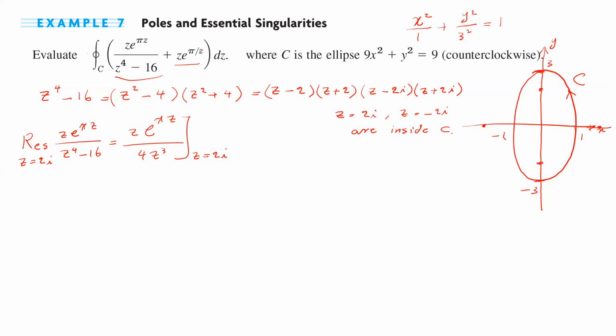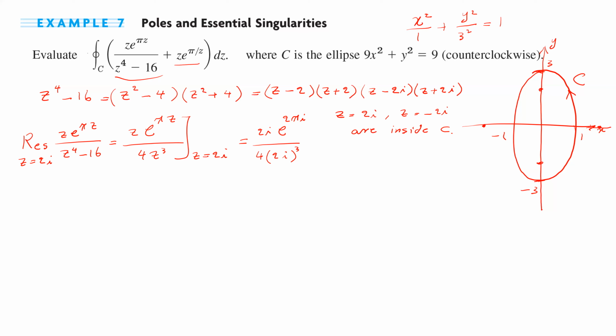And if you put 2i, what do we get? It becomes 2i e to the 2 pi i, divided by 4 times 2i cubed. How much is that? What is e to the 2 pi i? 1.